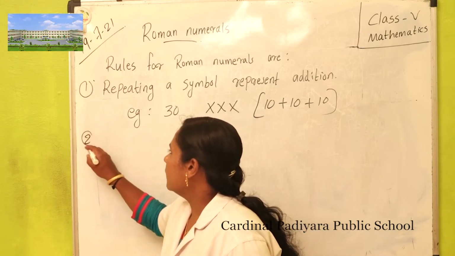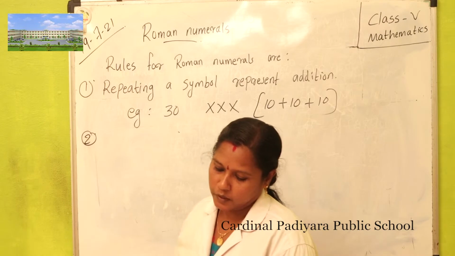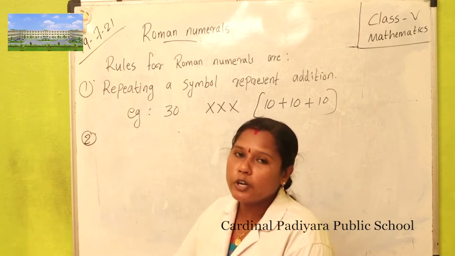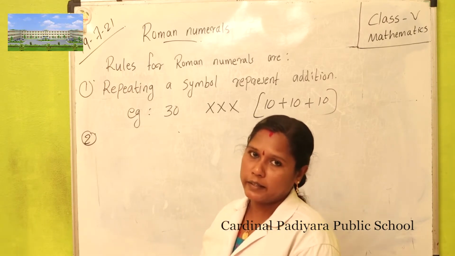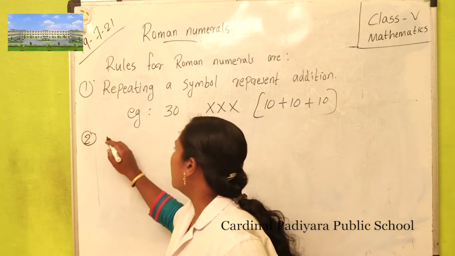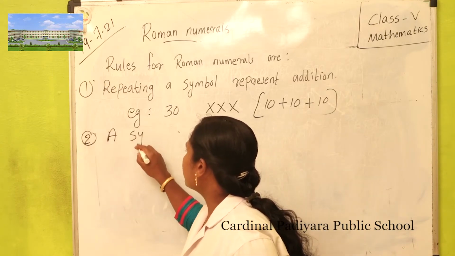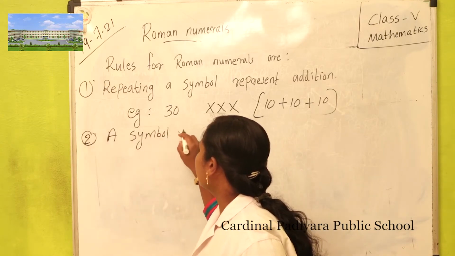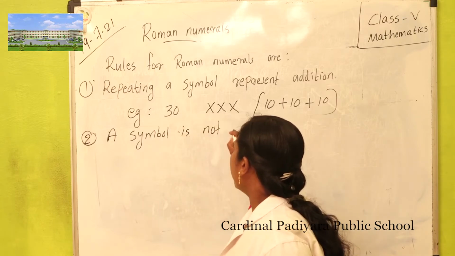Then the second rule. A symbol is not repeated more than 3 times. That is a very important rule.